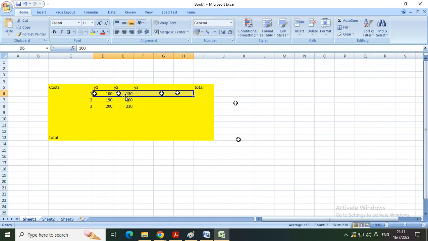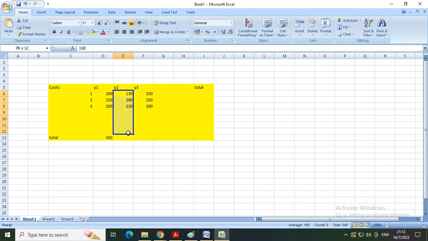This total will be for individual costs, as we have written here, 150, 250, and 300 maybe. So this total will be for this cost in this span of 3 years, and this total will be for year one: the total cost you have to spend in the first year, then the second year, then the third year, in that way. So we will get this type of costing. You got it?